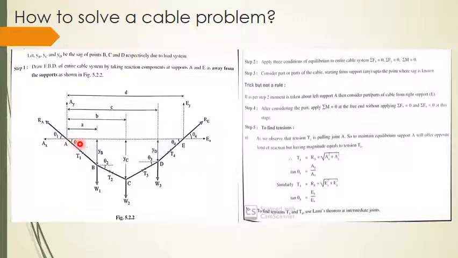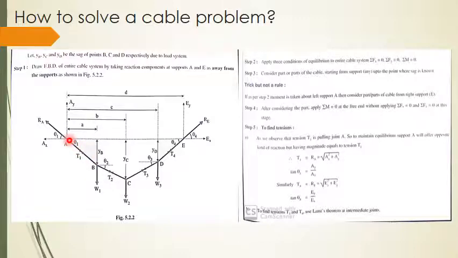Then we can find angle theta 1, theta 2, theta 3, theta 4 once we know the values of YB, YD and so on. But note that the tension in AB will be same as the reaction at A, because at A, if the point A needs to be in equilibrium, RA and tension in AB should be equal and opposite.